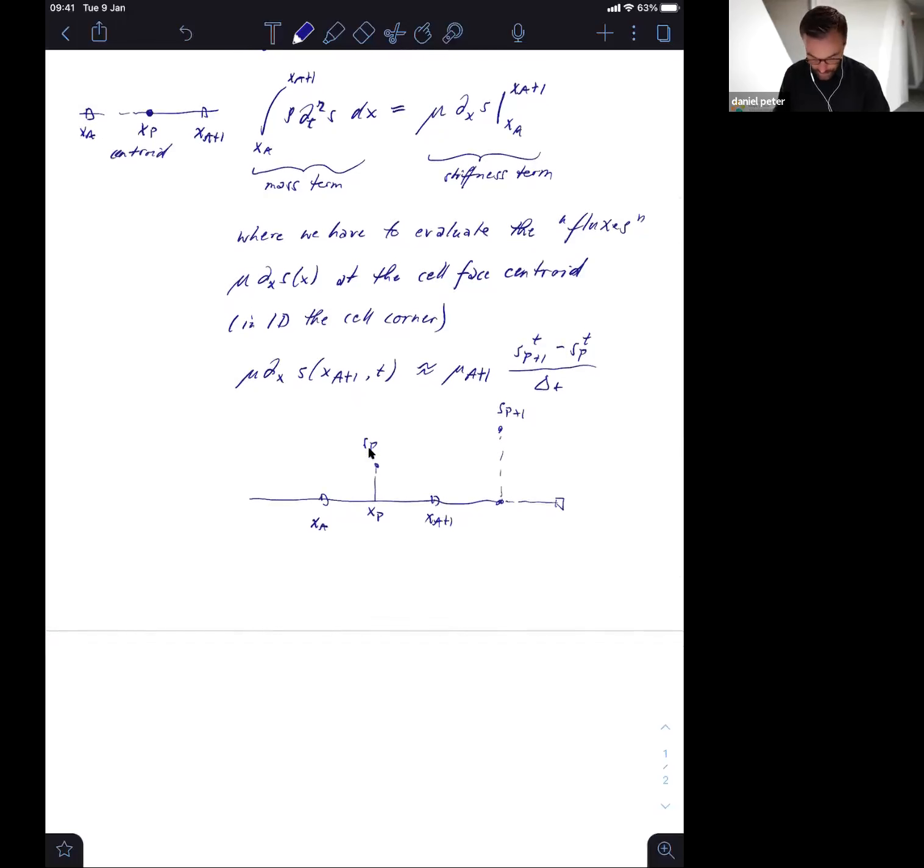And then we just use the central difference approximation to approximate the derivative of s at that location, xa plus 1.